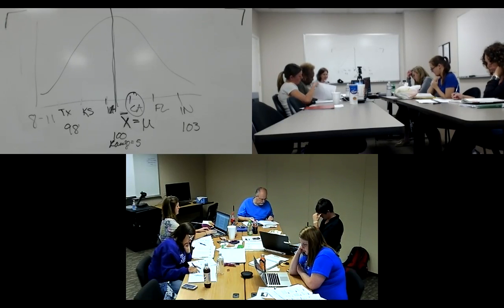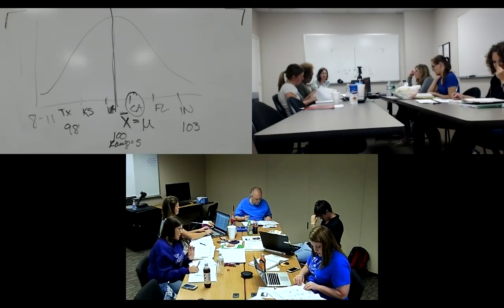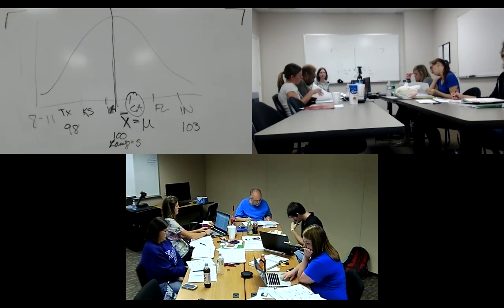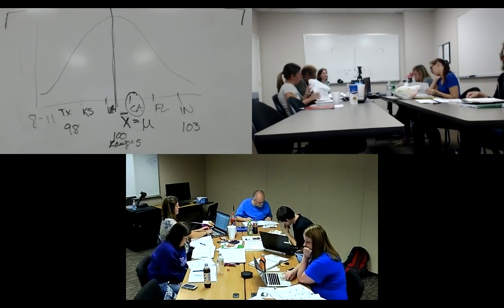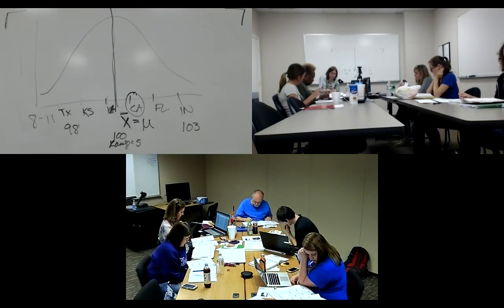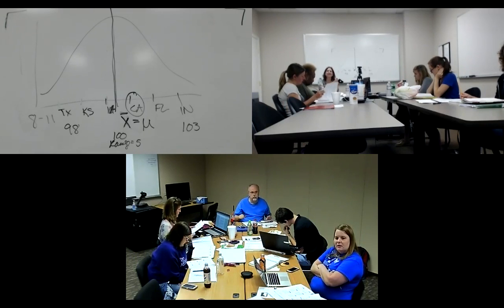So that brings us to the last concept for tonight, which is the standard error of the mean. What do you all think that refers to? How far off is acceptable? How far off is acceptable? Okay. Standard deviation. It brings in the standard deviation, it's standard.